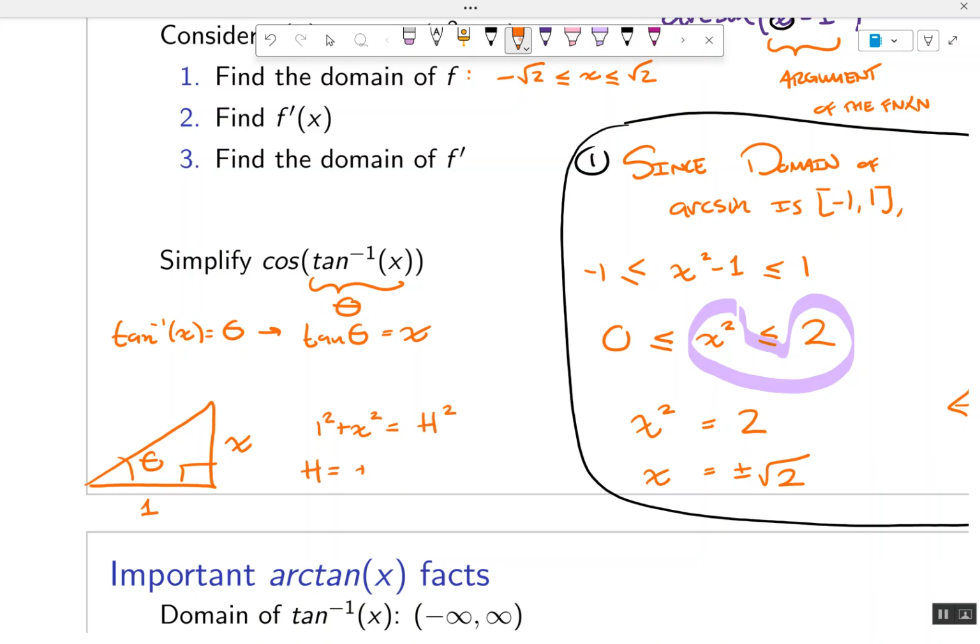So the hypotenuse is going to be the square root of 1 plus x squared, and I can just take the positive one. So now I want cosine of theta. Cosine of theta is adjacent over hypotenuse. So this means cosine of theta is the adjacent 1 over the hypotenuse, the square root of 1 plus x squared.